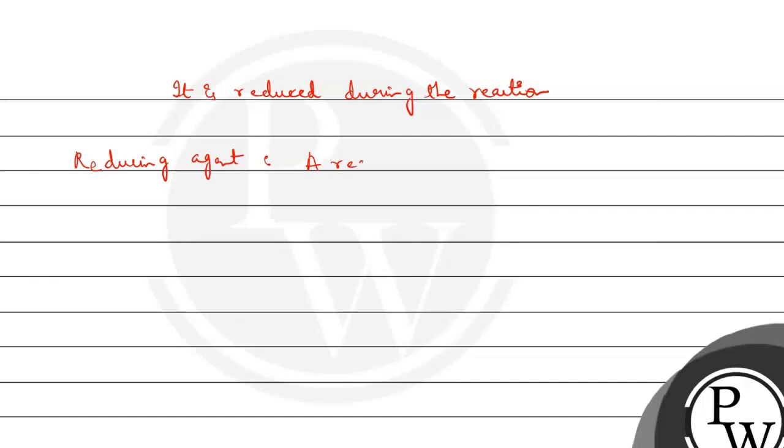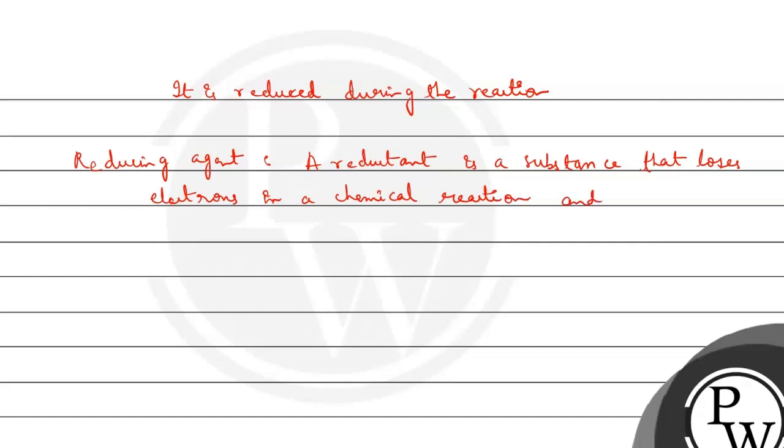Therefore, a reductant is a substance that loses electrons in a chemical reaction and in the process causes another substance to gain electrons.